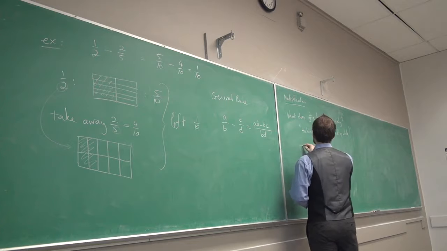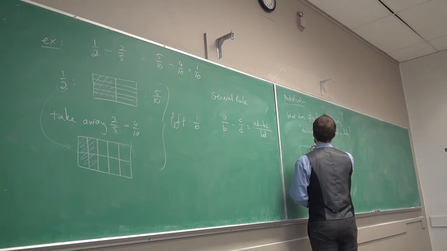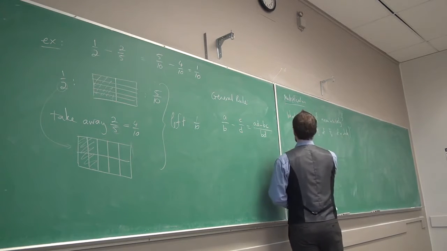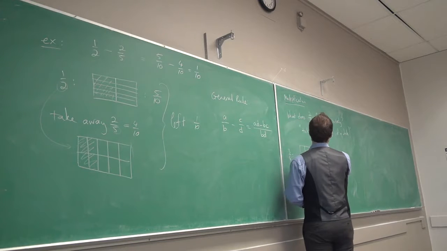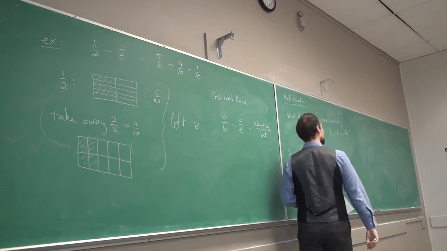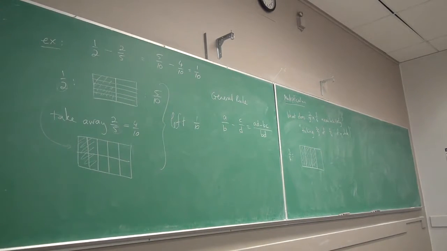I have my second number represented in a rectangle. So this is 3 over 4. So I divide it into fourths, and I'm taking 3 of them. 3/4. Showing that my original quantity is not that much.